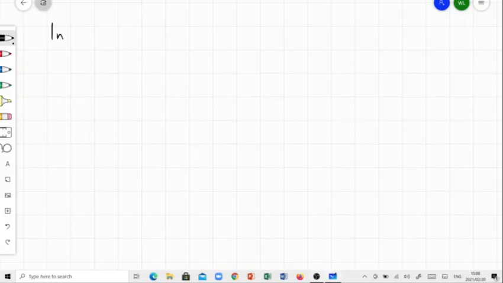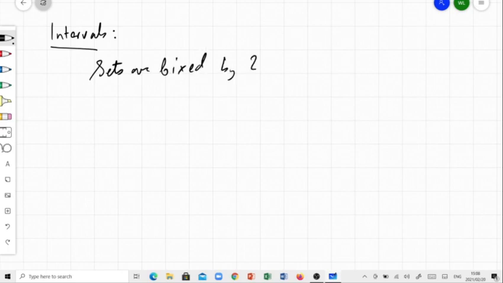Okay, intervals. Intervals are special subsets of the real line where these sets are fixed by two numbers. So, for example, let's take the set of all real numbers where the numbers are between 2 and 5.